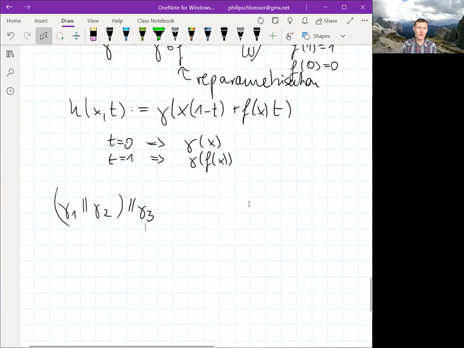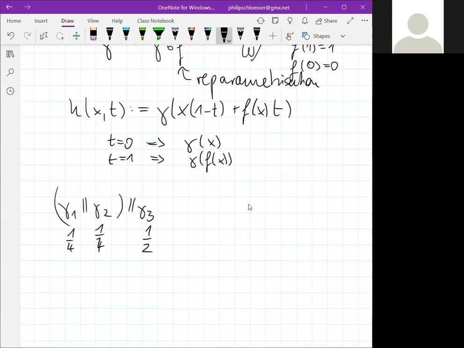This thing would go through gamma 1 in 1/4 of the time, gamma 2 also 1/4 of the time, and then gamma 3 1/2 of the time. No, that's the exact reason I asked the question, because I knew this would happen. That is exactly why we're only looking at things up to homotopy, to make things associative.